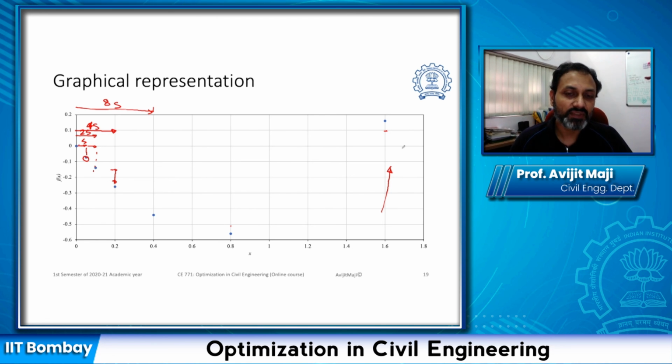Similarly, if my step size is very small, to increase the precision of the bracket or the region where my optimum solution lies, then again it will take a longer time, many iterations, a lot of computational steps to reach closer to the optimum point.